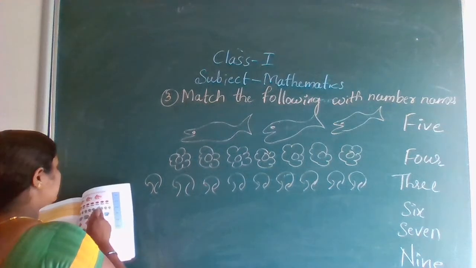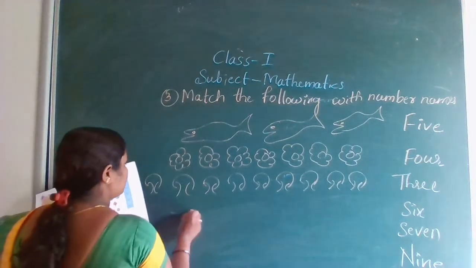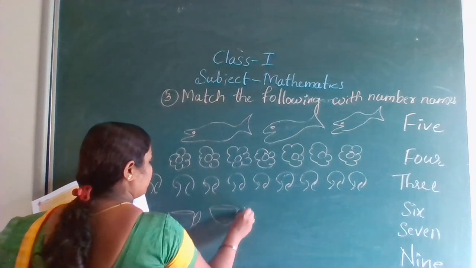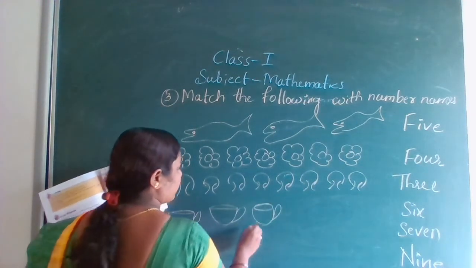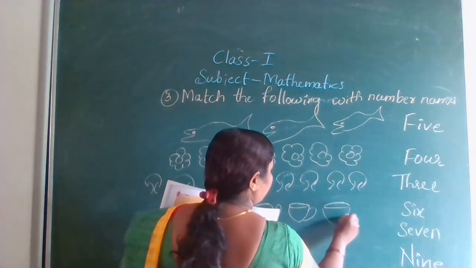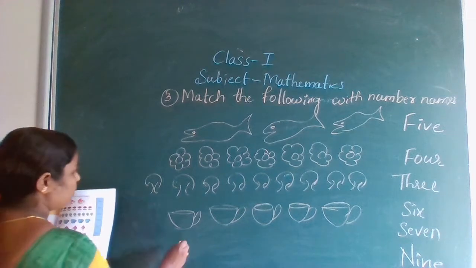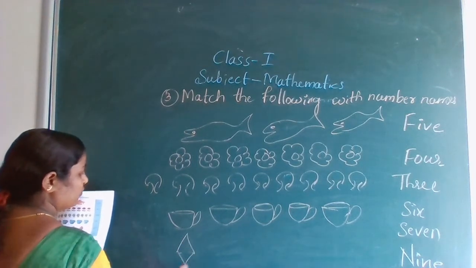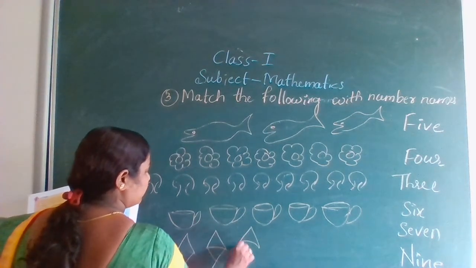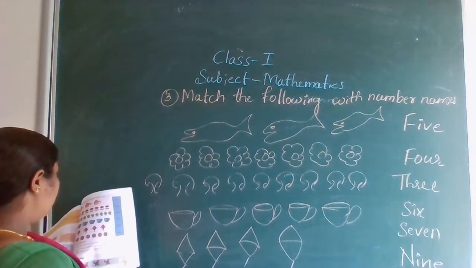Then 1, 2, 3, 4, 5 cups. Then kites. 1, 2, 3, 4 kites.